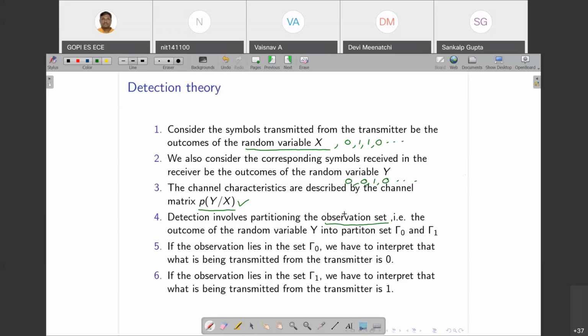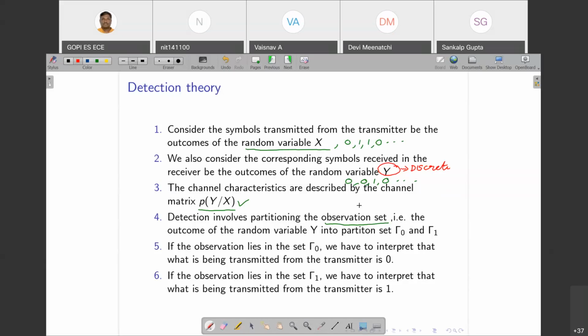For simplicity, we are now discussing the discrete case. X is discrete and Y is discrete, and hence this is what we call the discrete memoryless channel model.